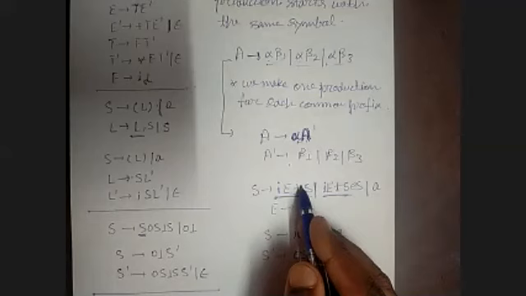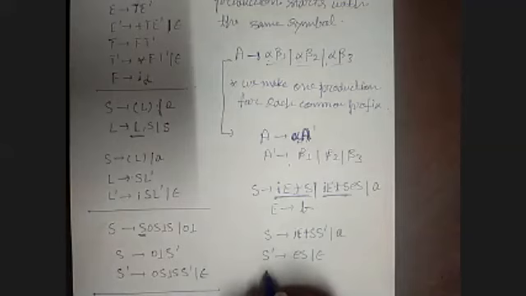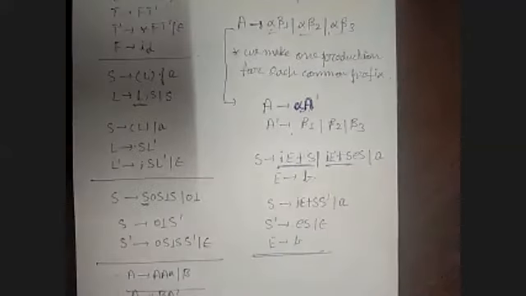You take this part as common, so epsilon is in this part, and you take this part common, so eS is a part. And the next is E tends to b. So this is an example of how to remove left factoring. I hope you can easily understand how to remove left factoring.